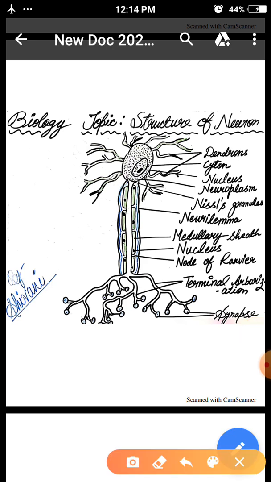Next part is, in this nucleus or cyton body there is a fluid-filled structure. That fluid is called neuroplasm. Then after there are granule-like structures, they are called Nissl's granules. Why are they called Nissl's granules?